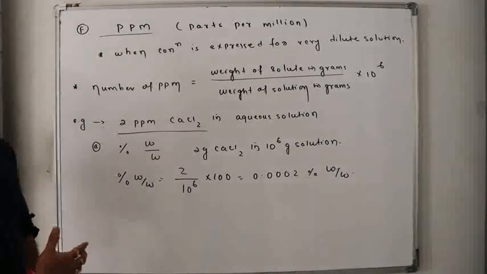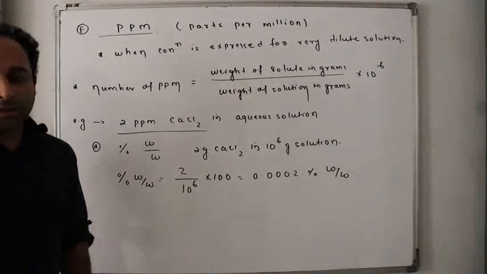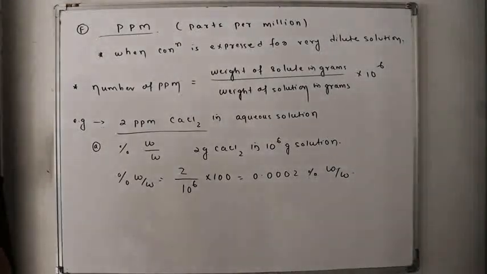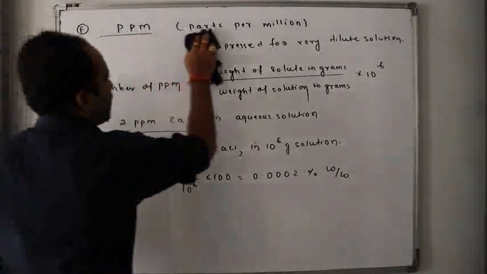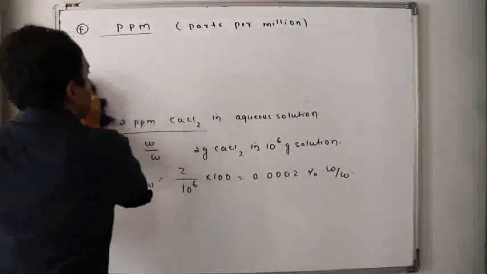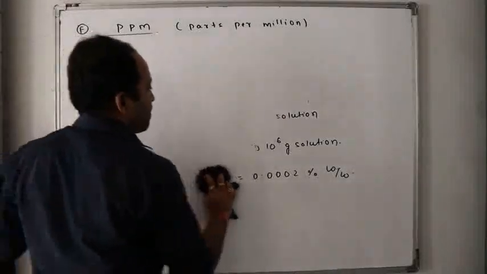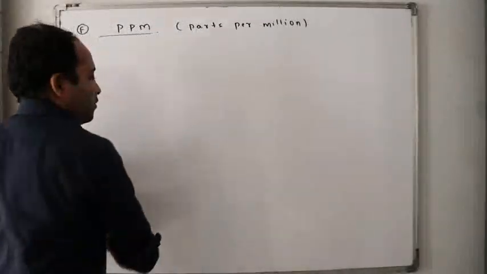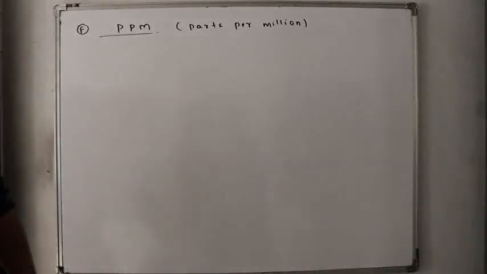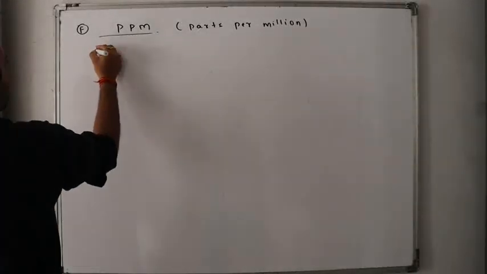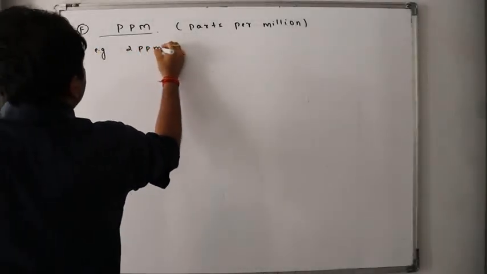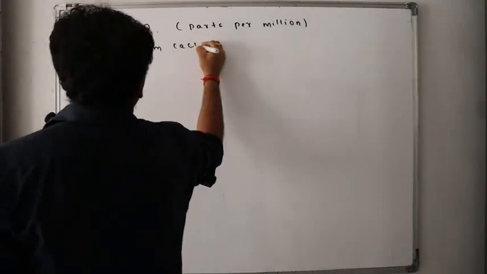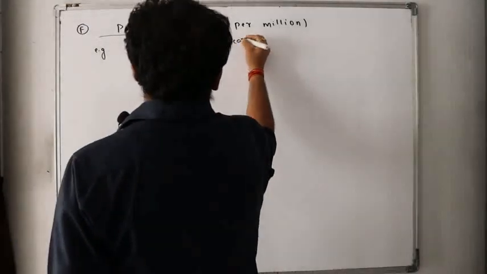Second, mole fraction of CaCl2. How to find it from this ppm? Can I rub this so that I can use the entire board? What was that? 2 ppm CaCl2 in aqueous solution, isn't it?